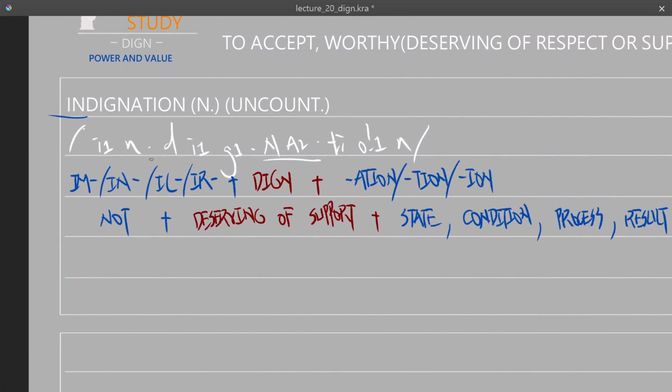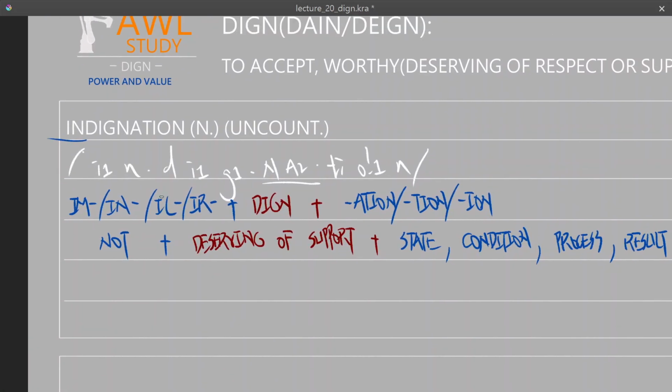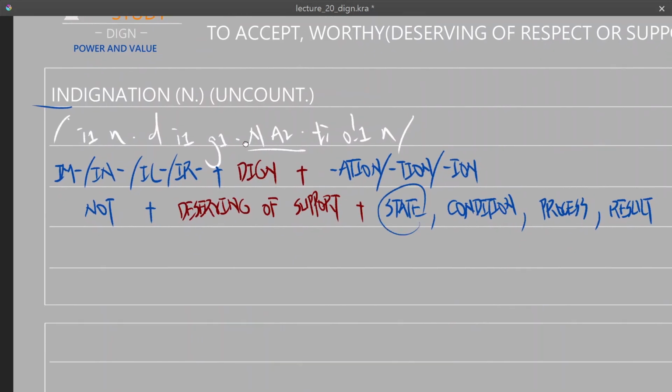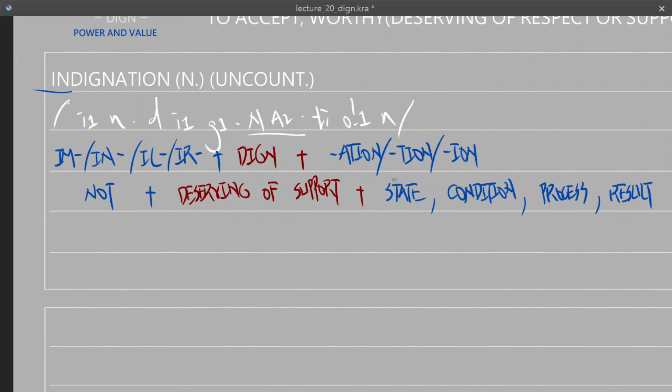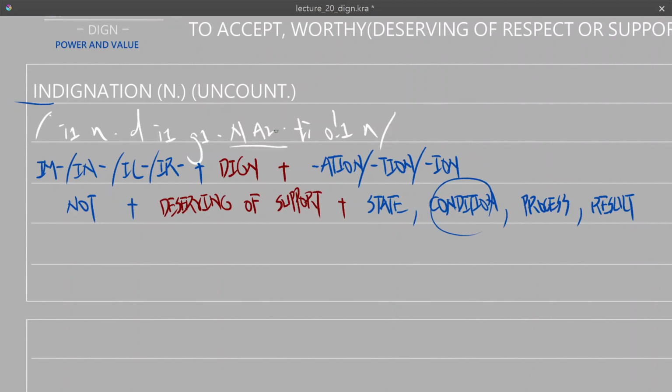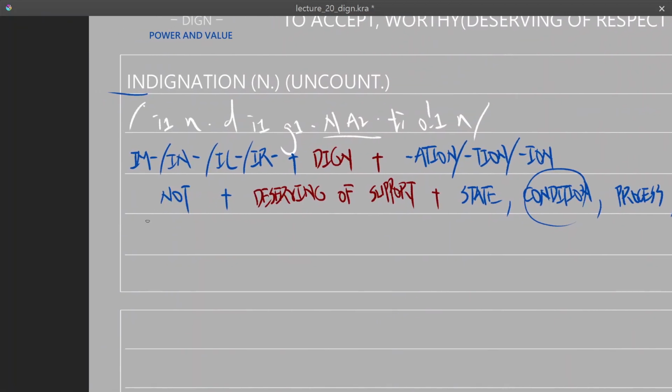So indignation literally means what? It means the state or the condition. So the noun form of indignant.